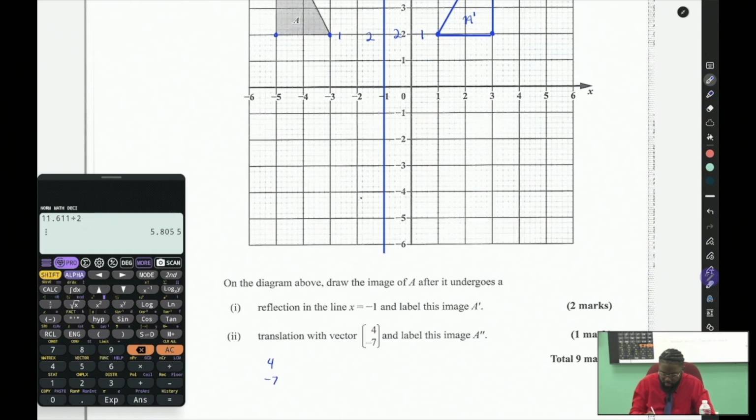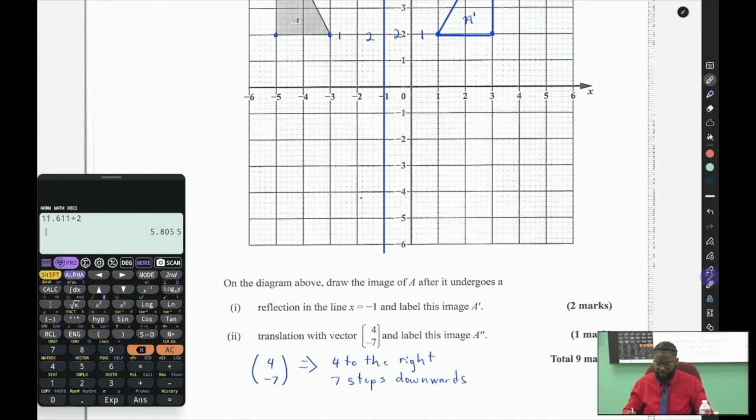So (4, -7) suggests that we're going to move 4 to the right because it is +4. And -7 means we're going to move 7 steps downwards, since it is negative.